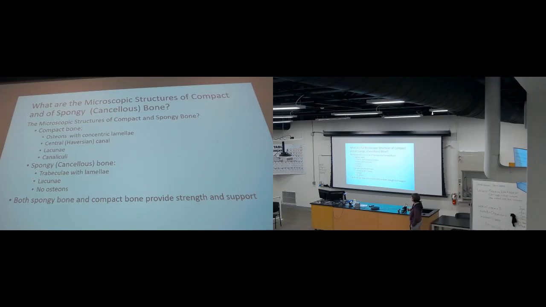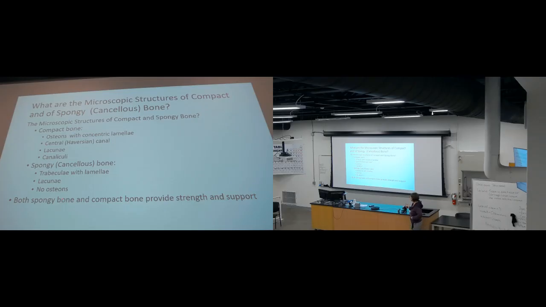Now for cancellous or spongy bone, you still have osteocytes and lacunae, but you don't have osteons. Instead you have the trabeculae, which are irregularly shaped structures. The osteons are round, while the trabeculae are a little bit oval.